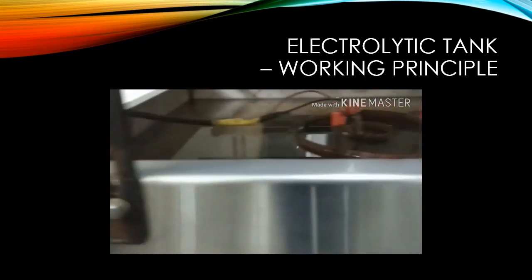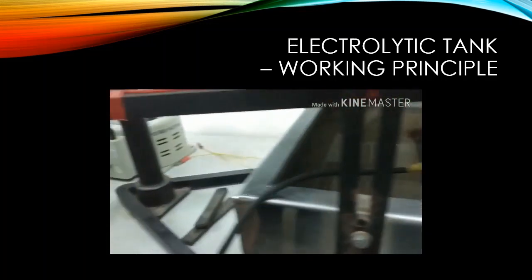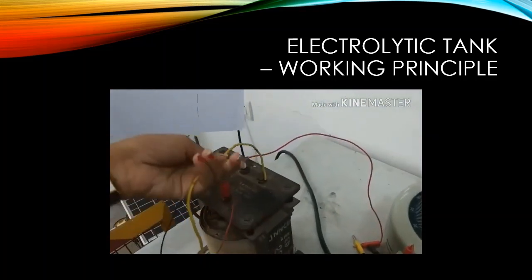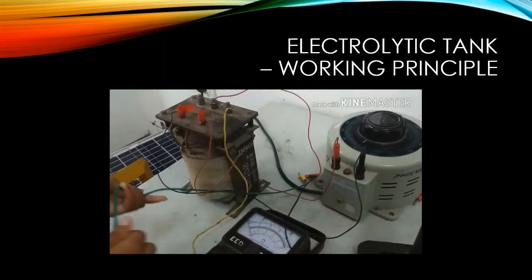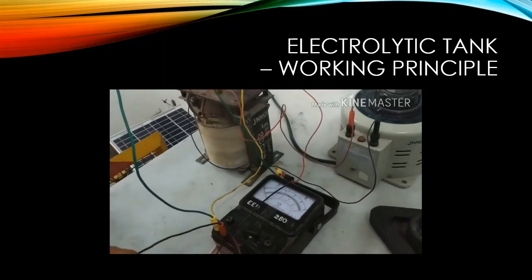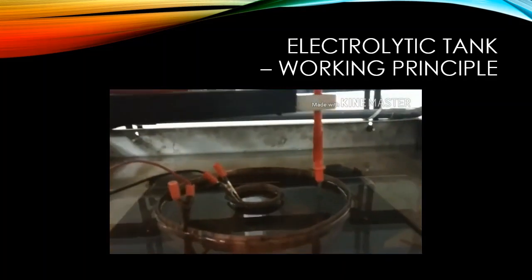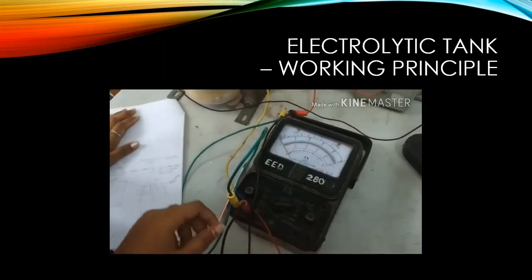So these 50 volts are directly given to two electrodes. One is plus and the other one is minus, and then this neutral point is connected as a probe, and this probe is again fitted with this, and then here it is the null indicator.